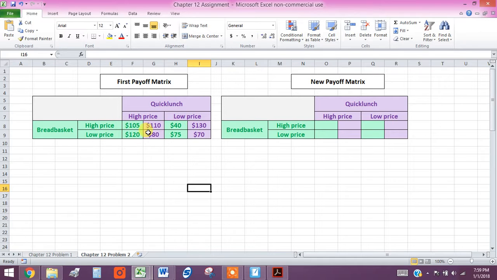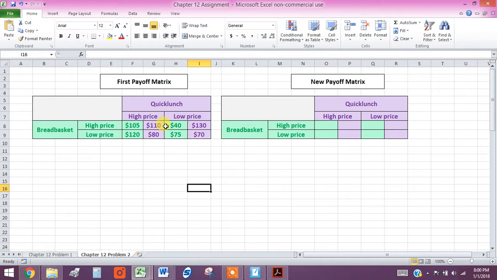If they go high and Bread Basket goes low, they would be better off going high than going low.